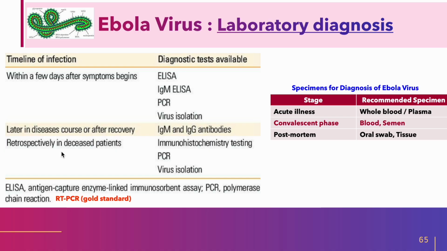Retrospectively in deceased patients we use immunohistochemistry testing, PCR, or virus isolation. For the specimen in acute illness we use whole blood or plasma, in the convalescent phase we can use blood or semen, and post-mortem, meaning after death, from the corpse we can use oral swab or tissue.